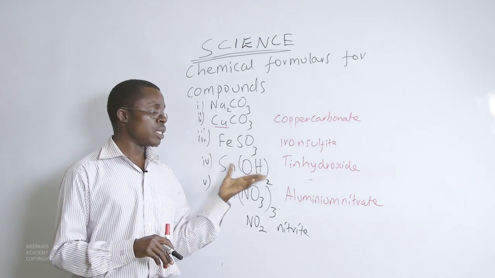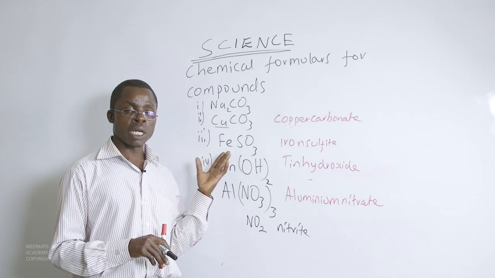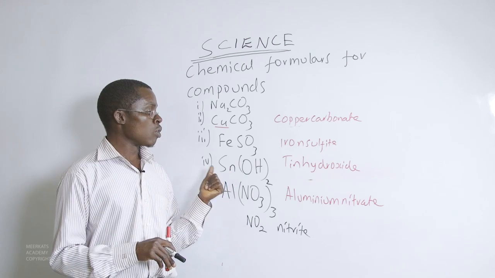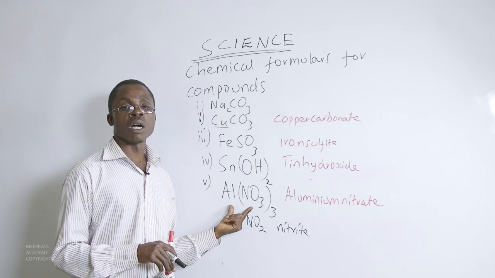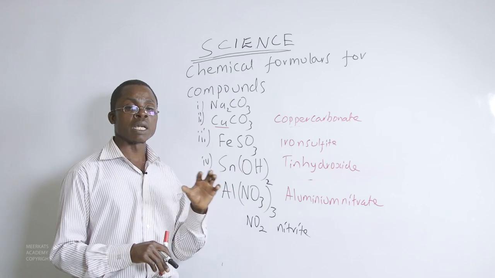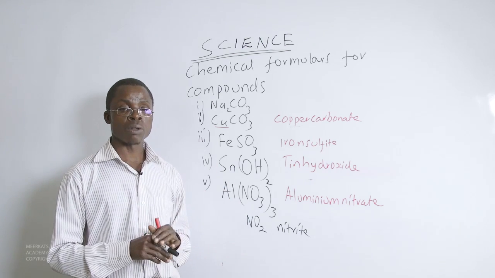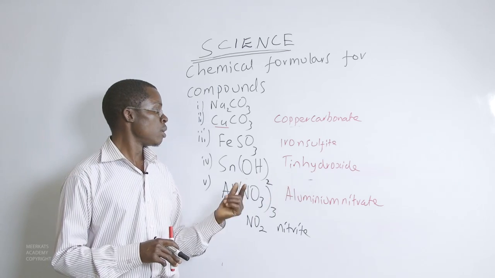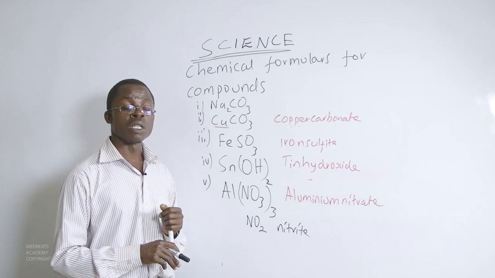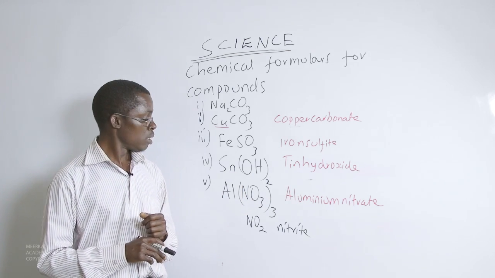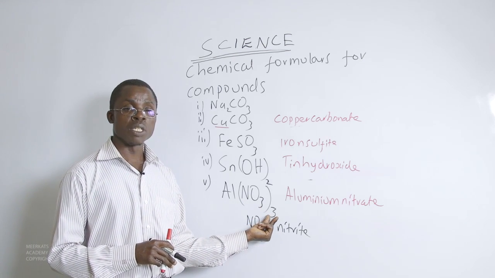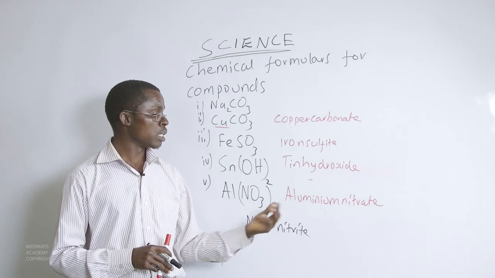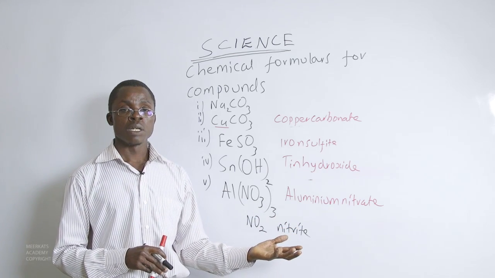Unfortunately, in this set of compounds, you cannot comfortably use the name to get the correct formula of that particular compound, like the case of the previous exercise we have just done, where you can use the name to get the formula. For example, in this case, this 3 has not been indicated in this name. It is just aluminium nitrate.